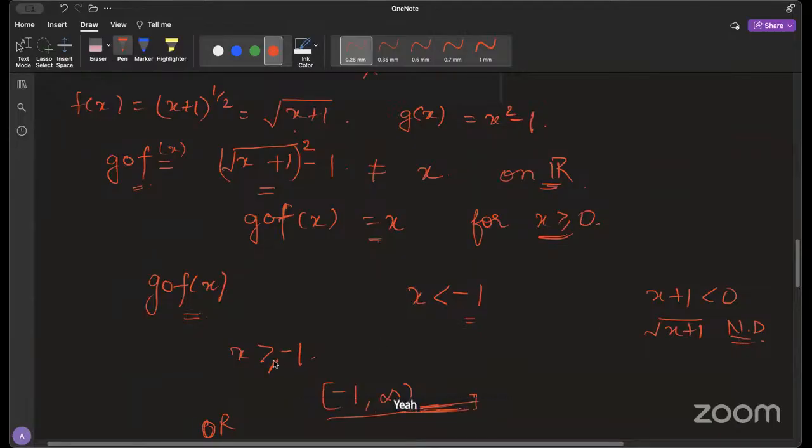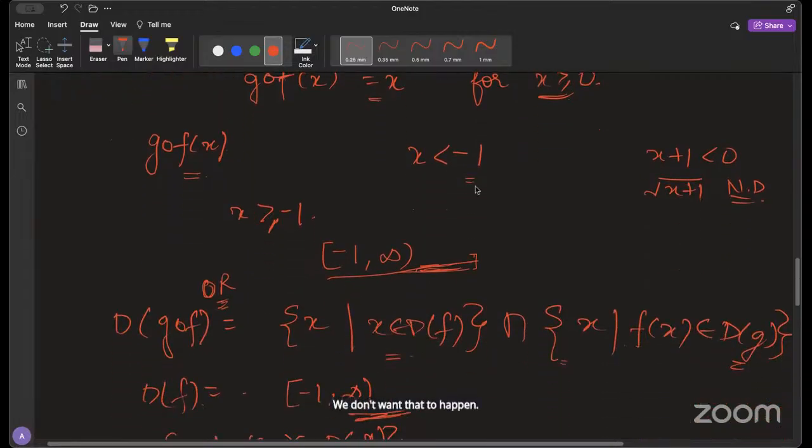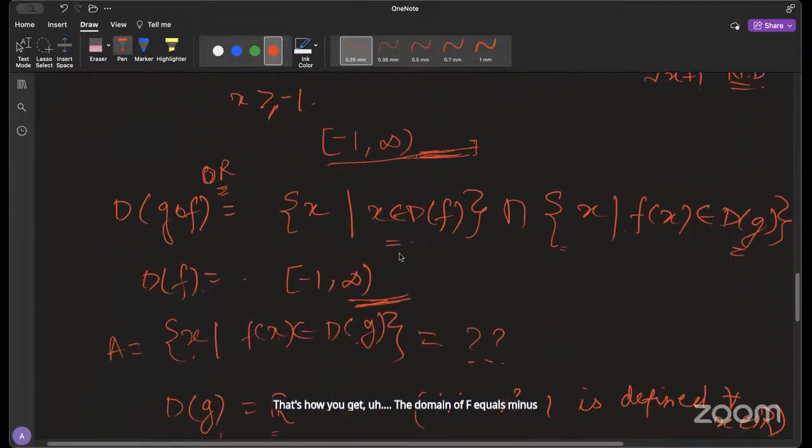So you would want your x to be greater than or equal to minus 1, avoiding the values where x is less than minus 1, because that's where the function is not defined. If you take minus 2 here, you'll get minus 2 plus 1, which is minus 1, and that is not defined on the real line. We don't want that to happen. That's how you get the domain of f equal to minus 1 to infinity.